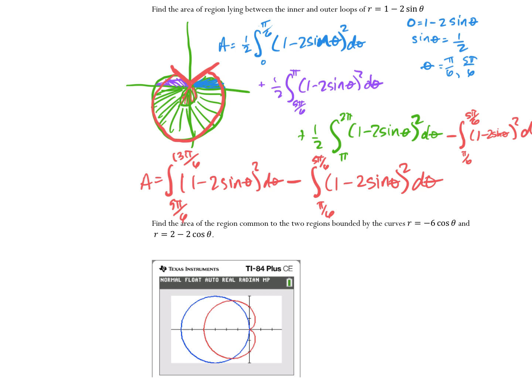To find the answers to these, I'm going to go ahead and throw this in my calculator. Oh, and I kind of screwed up. Each of these would have a 1/2 in front.